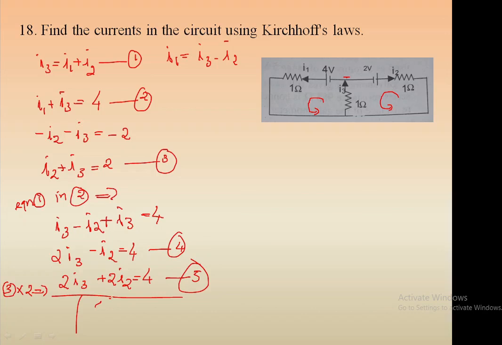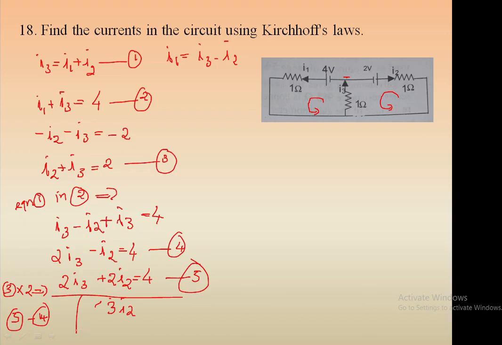I have some confusion. Okay, let us subtract equation 5 minus 4.